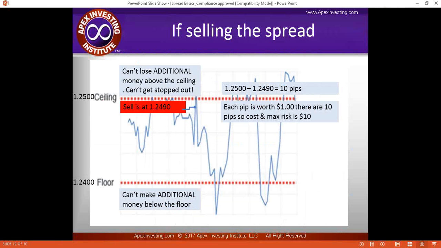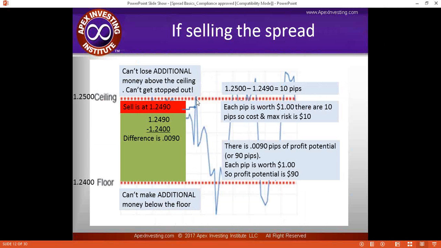Let's just move along here. So if I sell at $24.90, we understand where our maximum risk is. But there's 90 pips of potential profit, right? Because if I sold at $24.90, saying the market's going down, and the market does go down, remember, the ceiling caps my risk and the floor caps my profit.